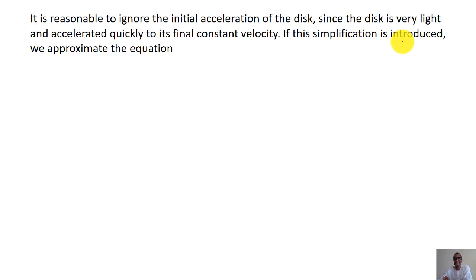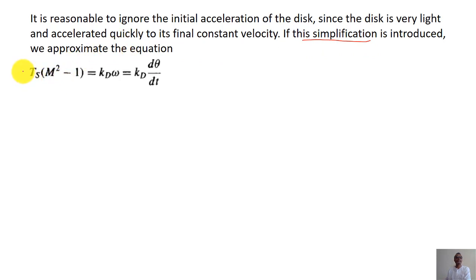We know the disc is made up of aluminum and it is very light, and that acceleration quickly settles to the final constant velocity, right? So if this simplification is introduced then we can approximate the above equation as this.